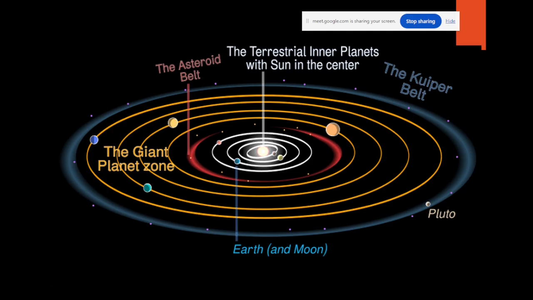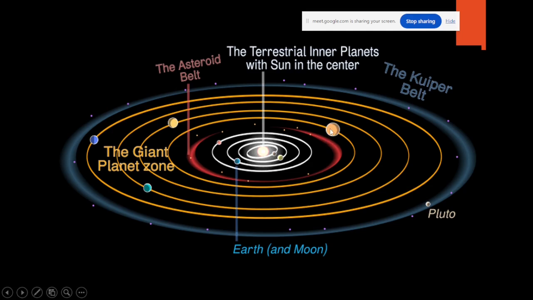Now, the solar system, which comprises the sun, the planets, and other moving objects within it, was formed about 4.5 billion years ago. So after the formation of the sun, those other things that orbit around the sun started to form, including the Earth.